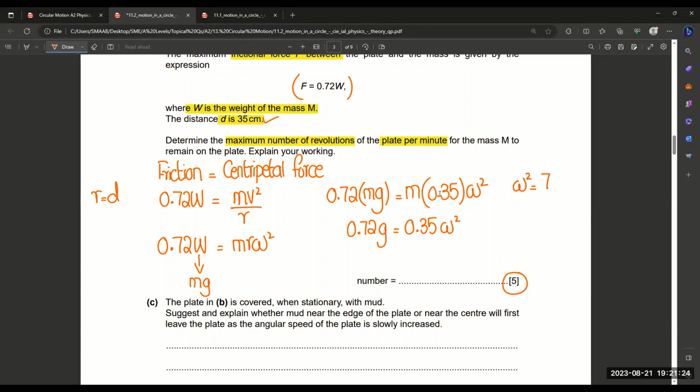0.72 divided by 0.35 actually, when we multiply with the value of g, so that will be 7.2, or 10, divided by 0.5.